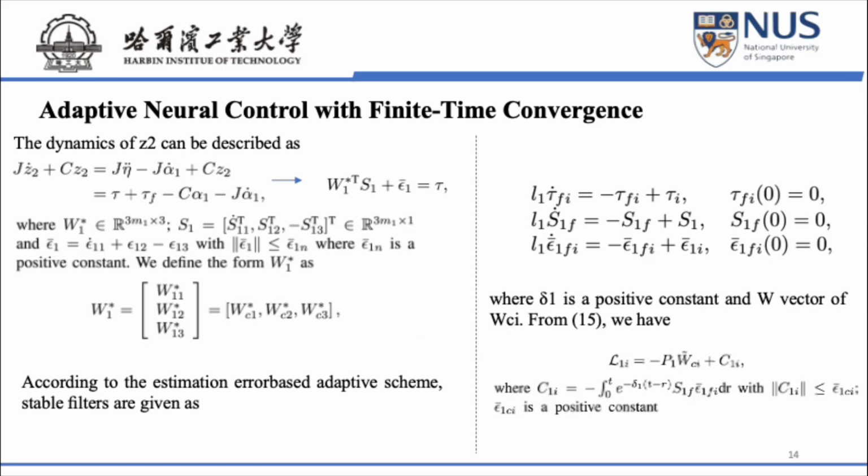Then, by a mathematical method, we can establish a novel estimation error-based adaptive scheme on the right hand side, where Θ1 is a positive constant and W is the representation of the weights. Then we will have the auxiliary state L1 as the following.